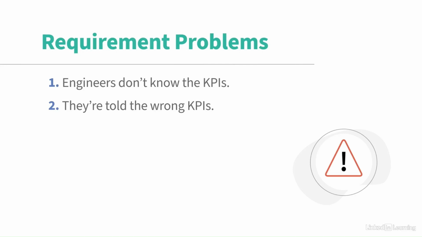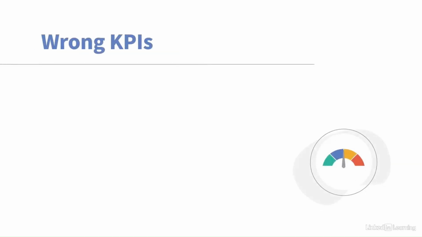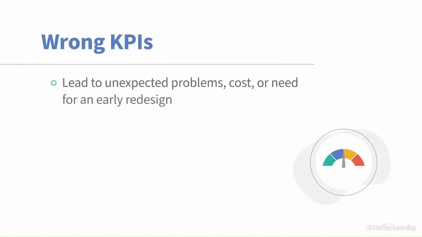Both cases make it very, very difficult to build pipelines, to build a project and solve the problems that the business requires. Looking at wrong KPIs, there are a few things that come out of having them, and they usually lead to unexpected problems. You figure out, okay, there's another thing that I haven't looked at, and now I'm having problems because I need to integrate this other KPI to solve my goal.